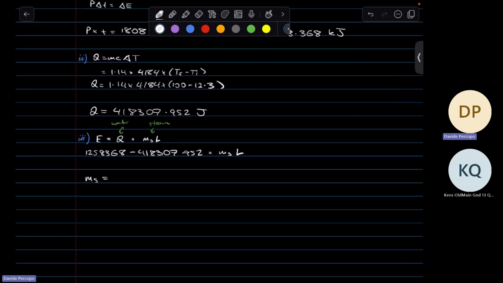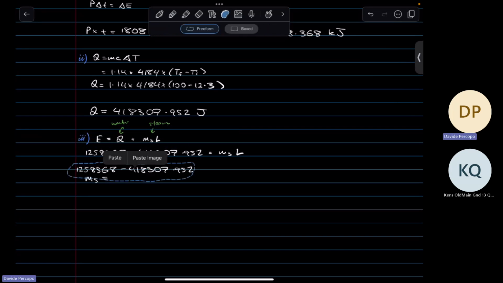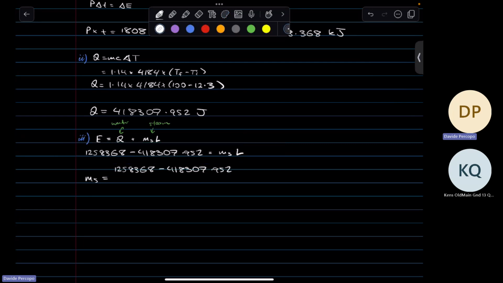The mass is going to be this difference here. I'm lazy, so I'm just going to copy paste it. Sorry, guys. Over the latent heat. Now, the latent heat is on your formula sheet. The latent heat of vaporization is 22.6 times 10 to the 5 joules per kilogram.